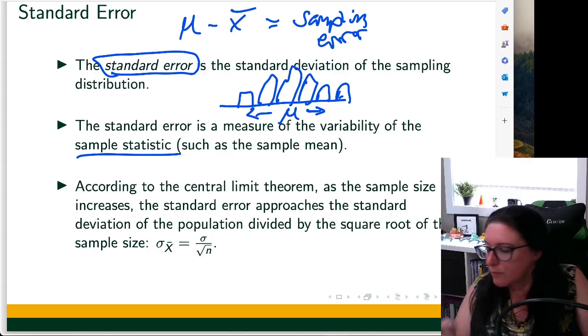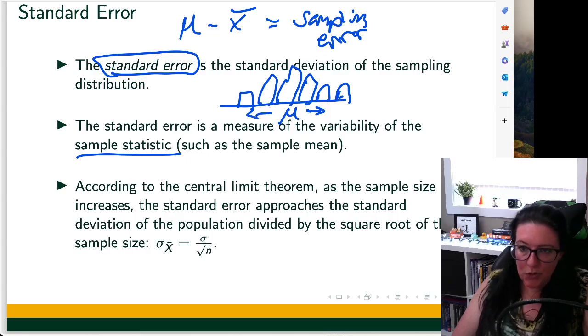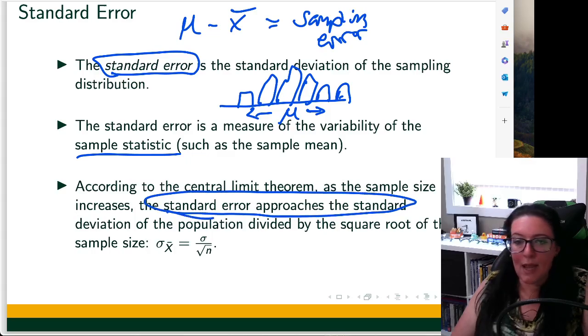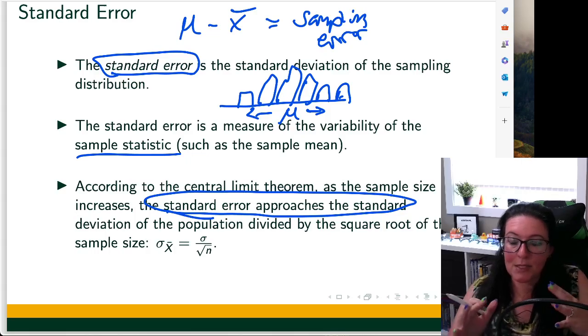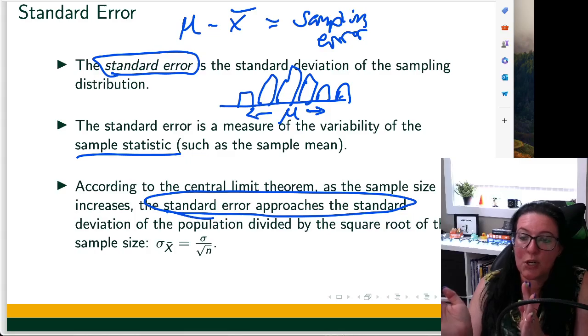According to the central limit theorem, as the sample size increases, the standard error will approach the standard deviation. So the central limit theorem, remember, says that our sampling distribution, the average of the averages, is going to give us the population mean.